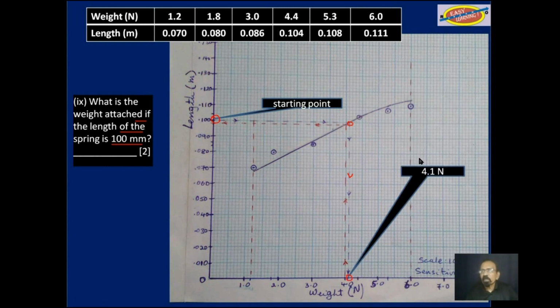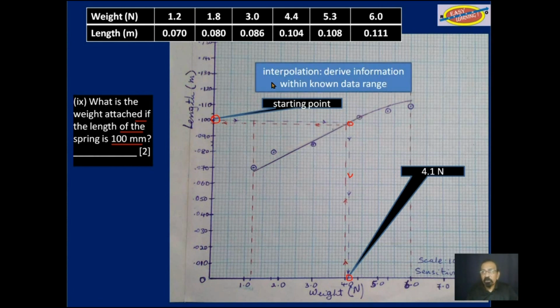So given the length within the known data range, you draw a line, a broken line, until you reach the graph, and then you come down until you reach the other axis and you read that off. Now, as I said, this is called interpolation, where you are asked to derive information within the known data range.